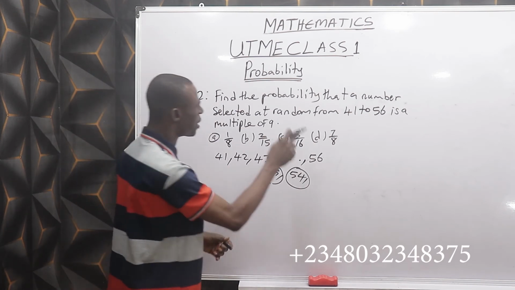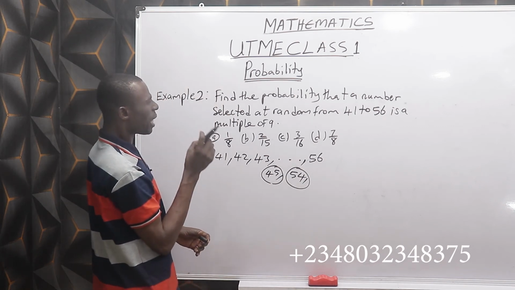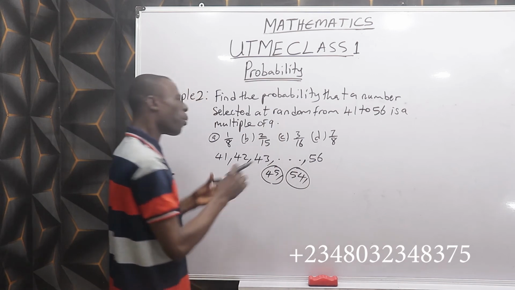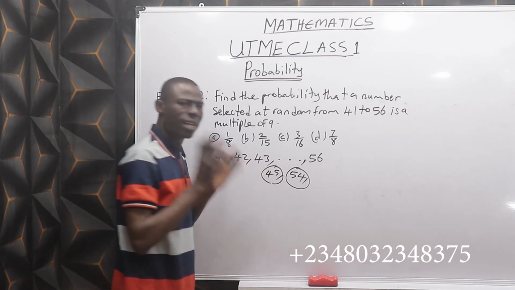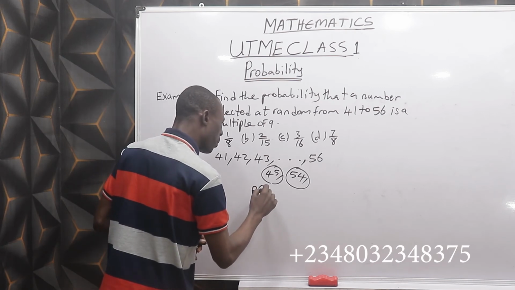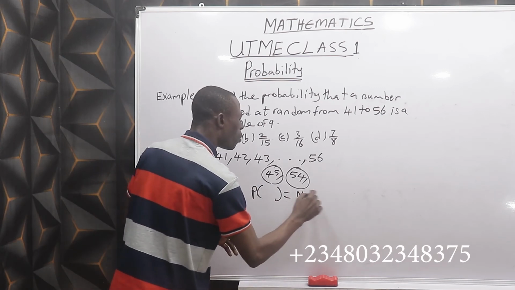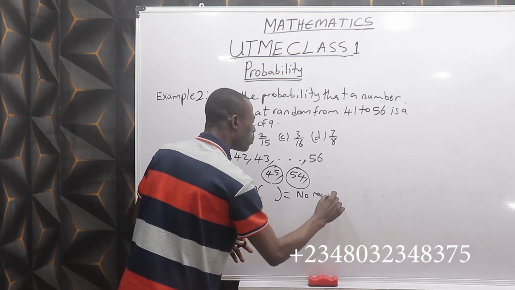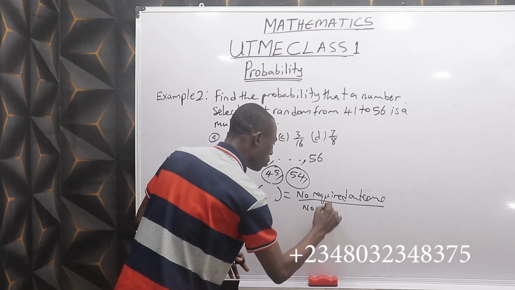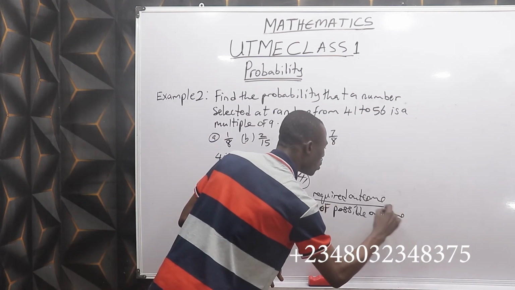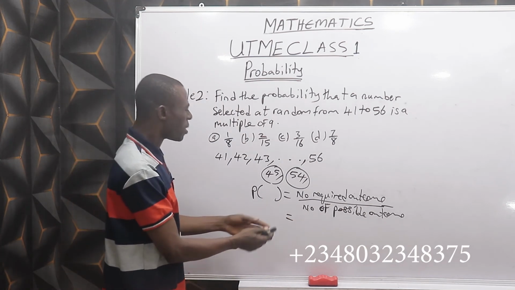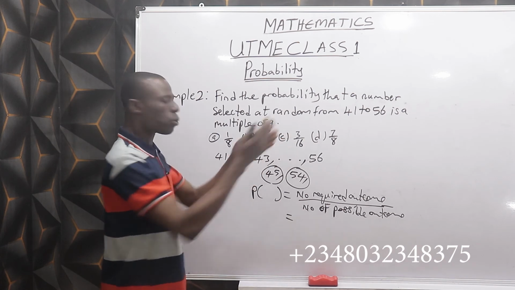What's now the probability that a number selected at random from 41 to 56 is a multiple of 9? Two numbers are multiples of 9. And probability is number of required outcome all over number of possible outcome. So, with this, what is the required outcome here? The required outcome is multiples of 9.